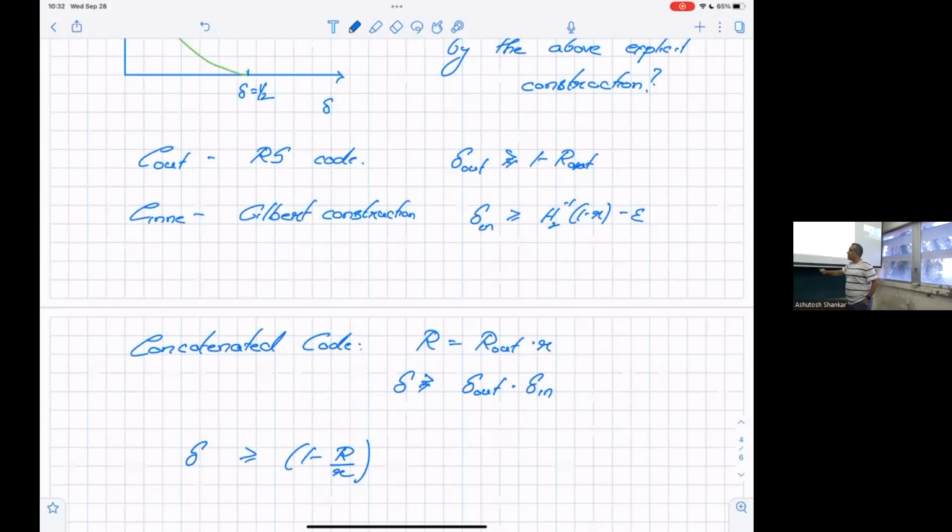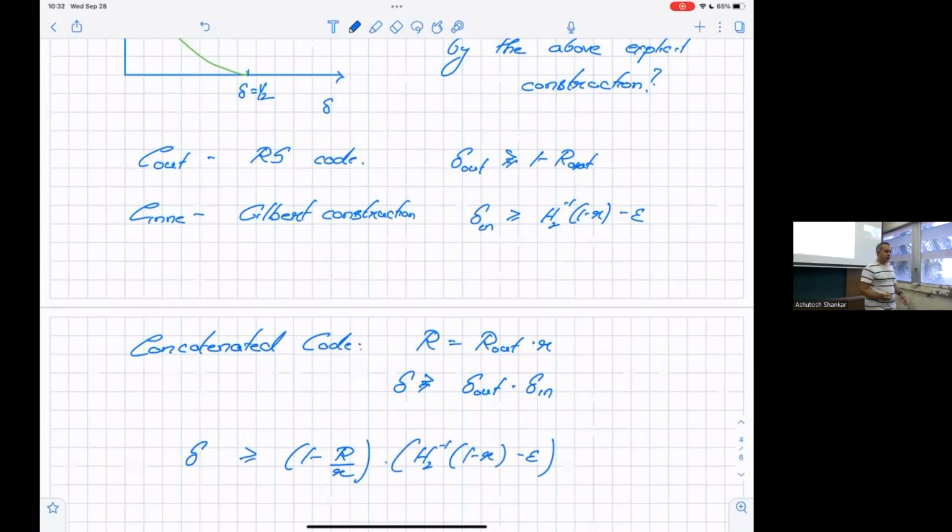So 1 minus R by r, this is delta out. Delta is greater than delta out. Delta out itself is 1 minus R out, R out is R by r. So this first term is this. The second term is H2 inverse of 1 minus r minus epsilon. And I get to choose r.